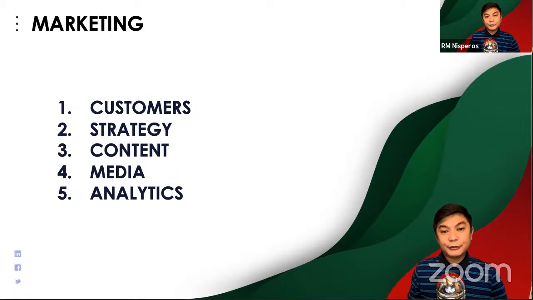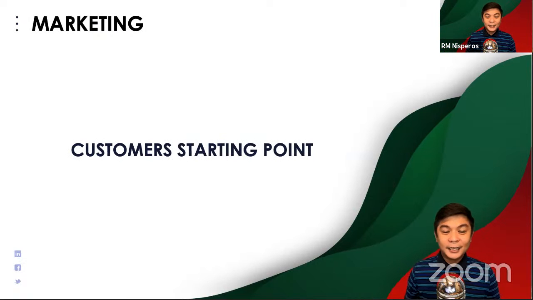So your content conforms to what media you've chosen. So these five elements work in every business. The important thing is the starting point should always be your customers. Why? Because that's the basis of your marketing plan.